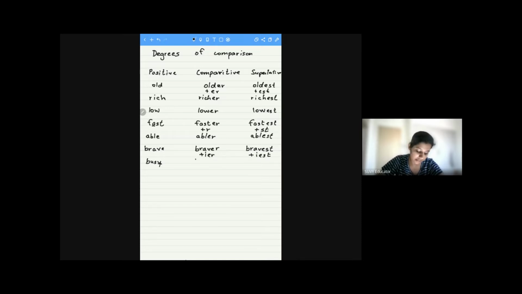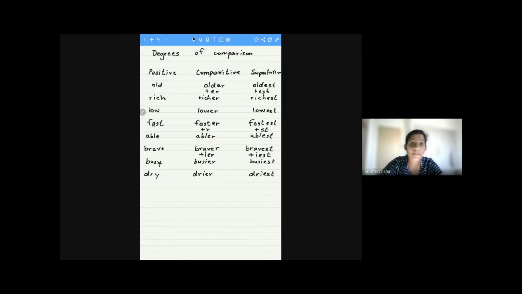So busy becomes busier and busiest. Okay? Same way, if I say dry, what do you write? Drier, driest. Okay? So this is as simple as that. Then other examples that we can take are dirty, fry. No, we can't say fryer or fryest.